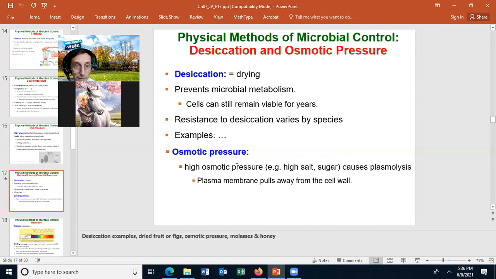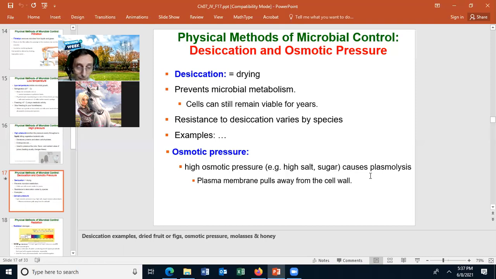Some other examples of desiccation and osmotic pressure is molasses. High osmotic pressure, high salt, high sugar causes plasmolysis, and the water leaves the cell, the plasma membrane pulls away from the cell wall, and you can actually see the plasma membrane now, and it will shrink.